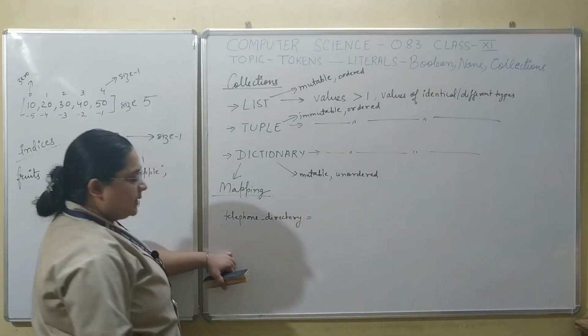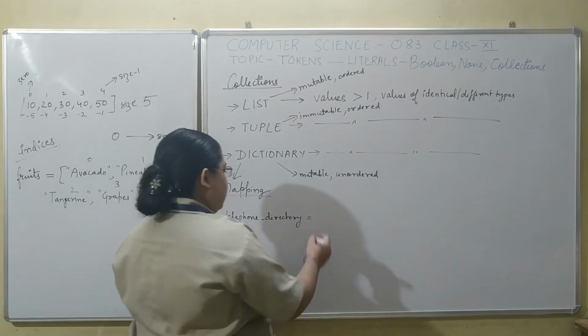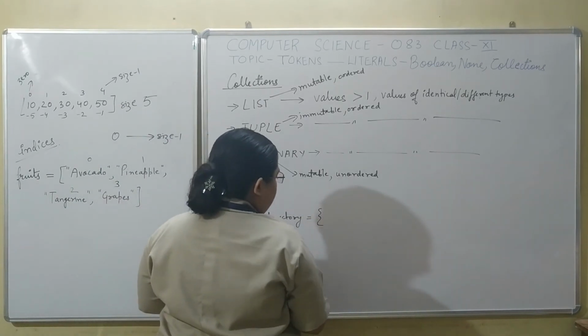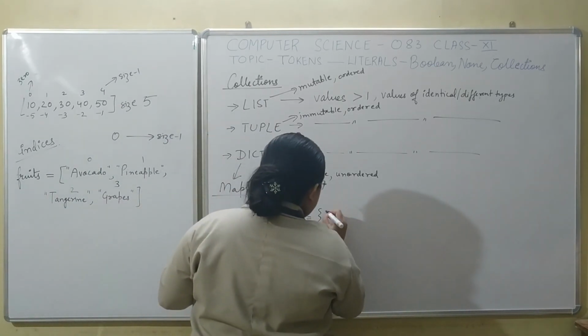Suppose I am creating a dictionary called telephone directory, which contains values in this form.